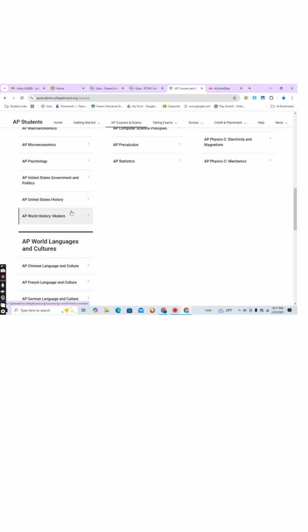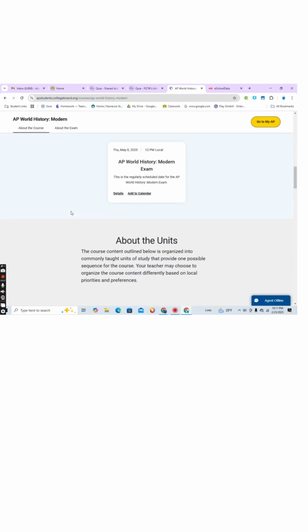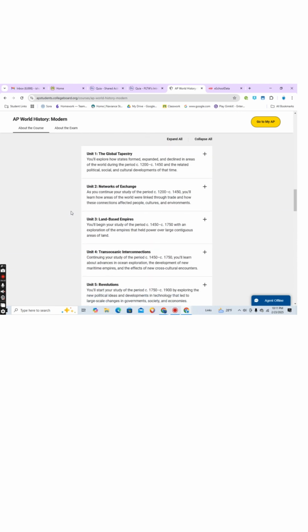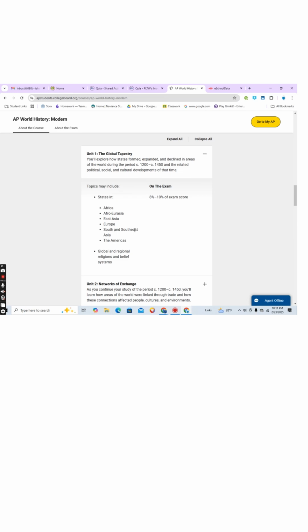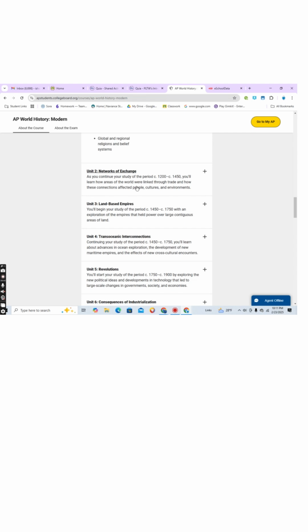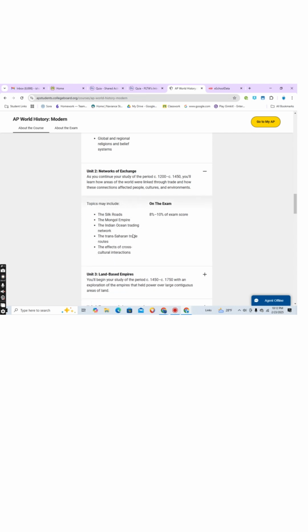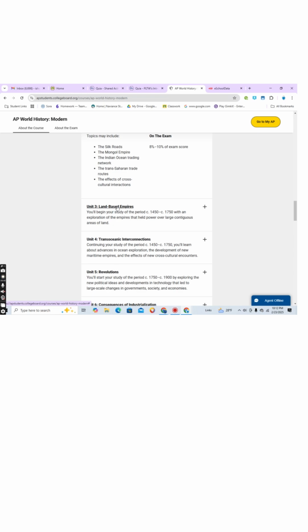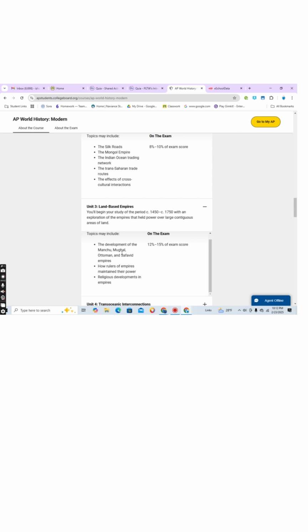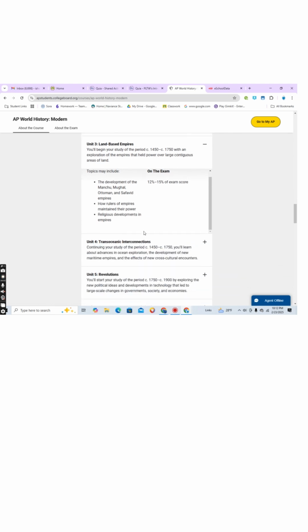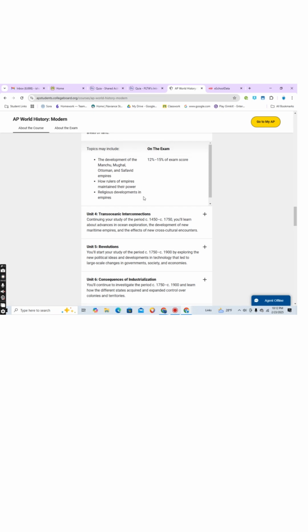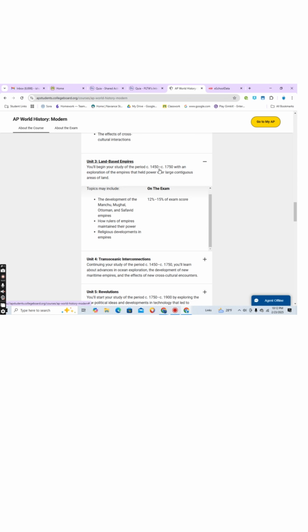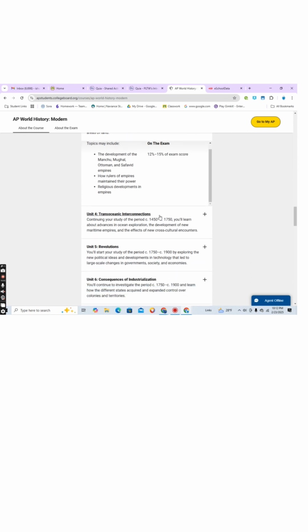So yeah, and then World History Modern basically talks about everything from 1200 to the modern day. The first unit's about each continent. This one's about trade routes, like the Silk Road, the Indian Ocean trade route, and other land-based ones, like the Ottoman Empire, Mughals, and how they maintained their power during this period, 1450 to 1750.